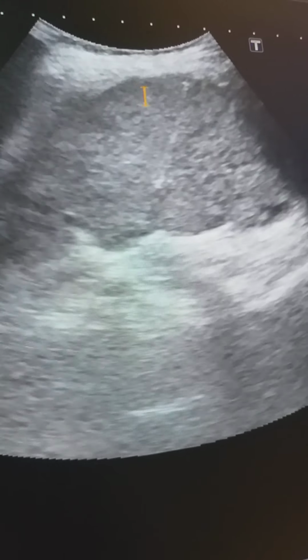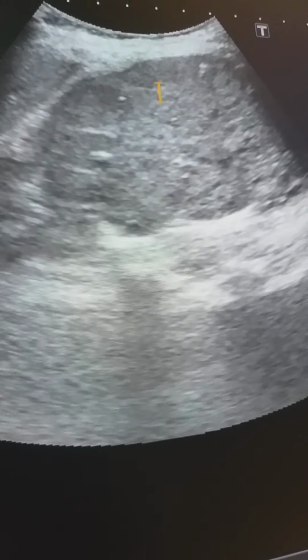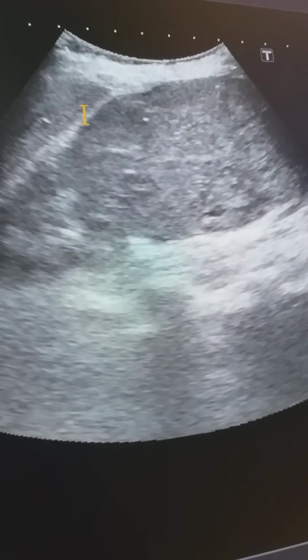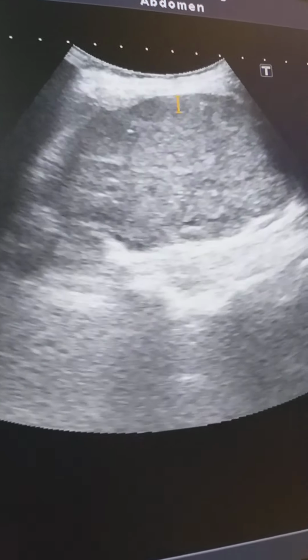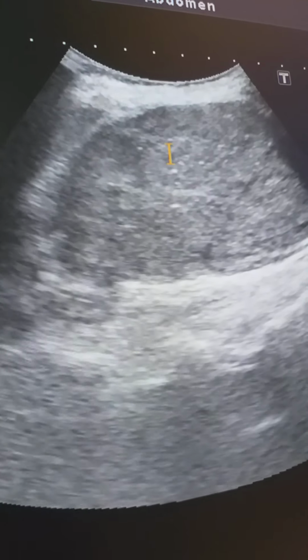The mass is isoechoic to the cortex of the right kidney, and it has a lobulated margin and internal tiny calcifications.